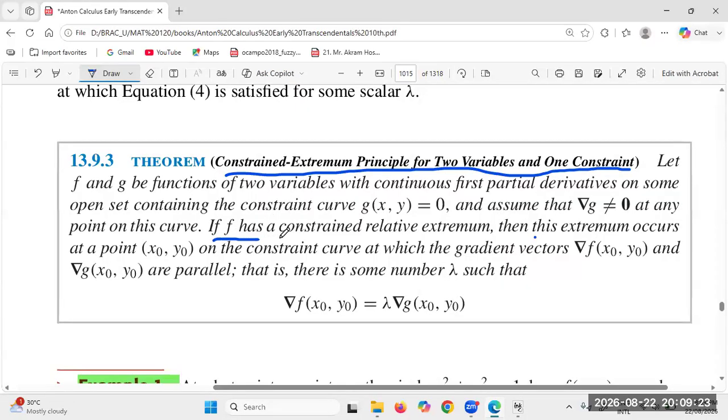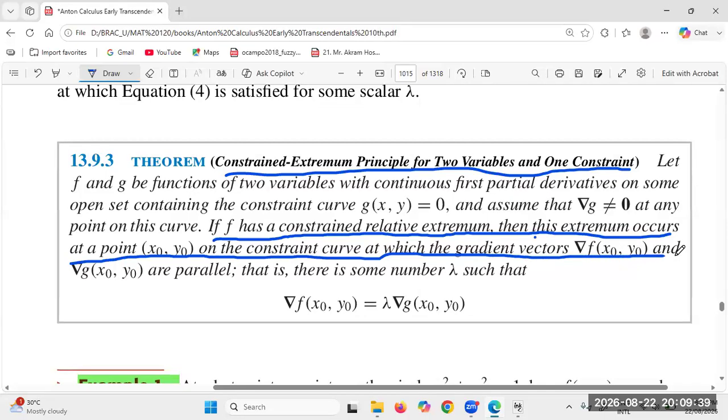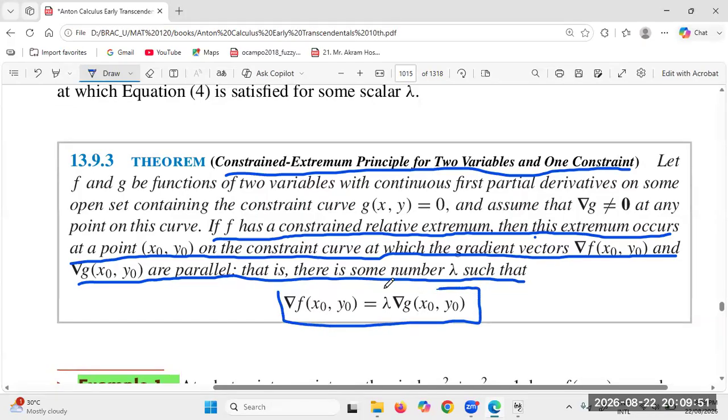If f has a constrained relative extremum, then this extremum occurs at a point on the constraint curve at which the gradient vectors, gradient of f and gradient of z, are parallel. That is, there is some number lambda such that gradient of f is equal to lambda times gradient of z.